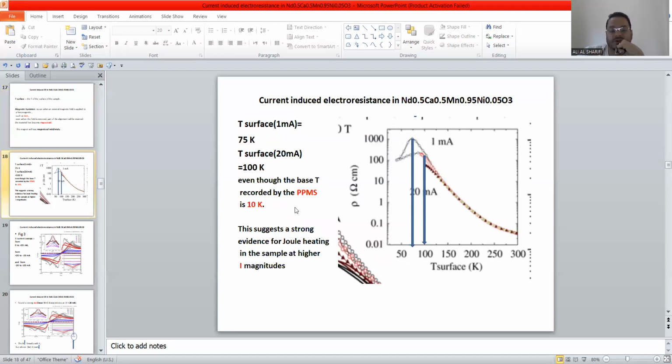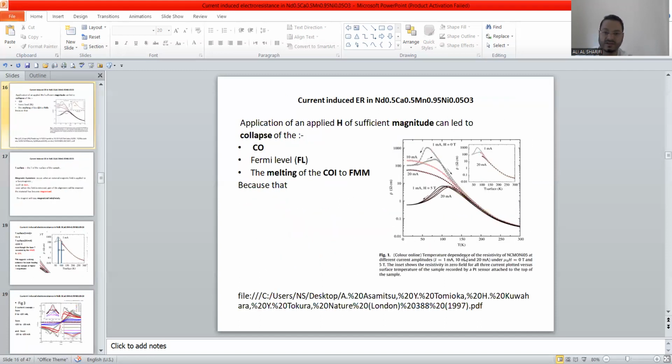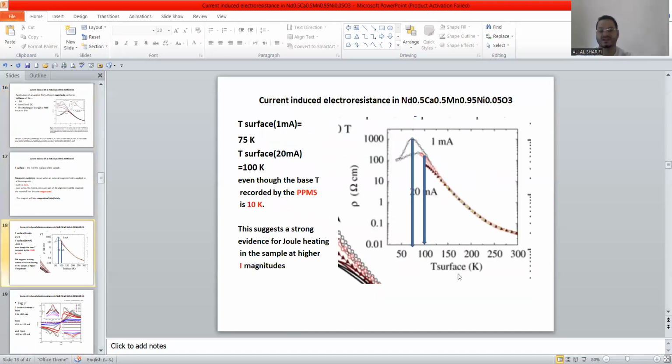Here, it's important. It's the Nd0 plot. I took this picture from my plot, the previous plot. Here, the situation is different. T surface, not like this normal T. Here it is the T surface, and the resistivity against T surface.